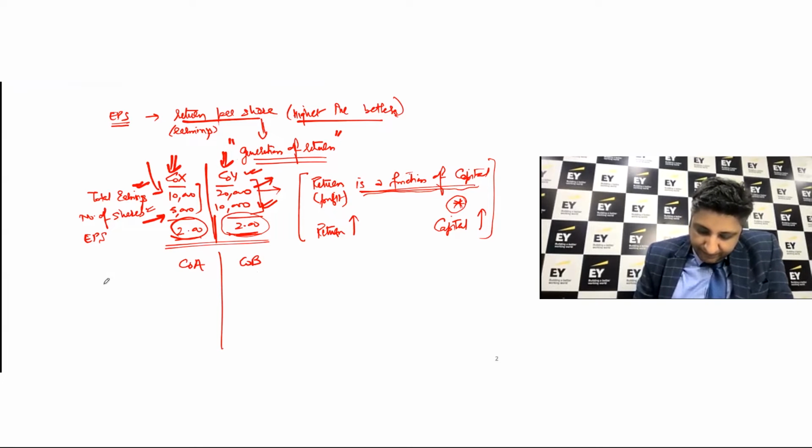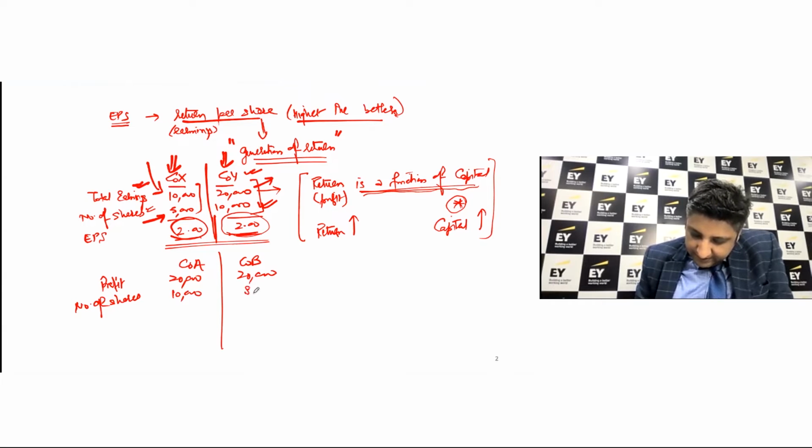Now, versus this scenario, let's take another two companies, company A and company B. Let's say the earnings are 20,000 and 20,000, and the number of shares are 10,000 and 8,000. Of course, we calculate this EPS.